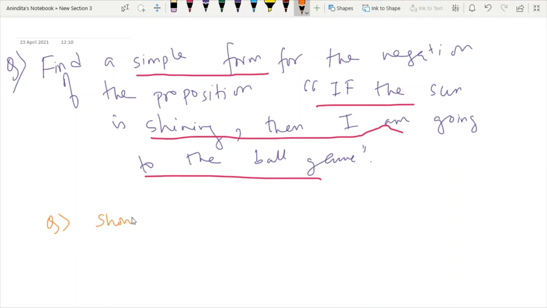That is, show that not P implies Q is equivalent to P and not Q. So we can expect two kind of problem. Either this problem will be given or this problem will be given.